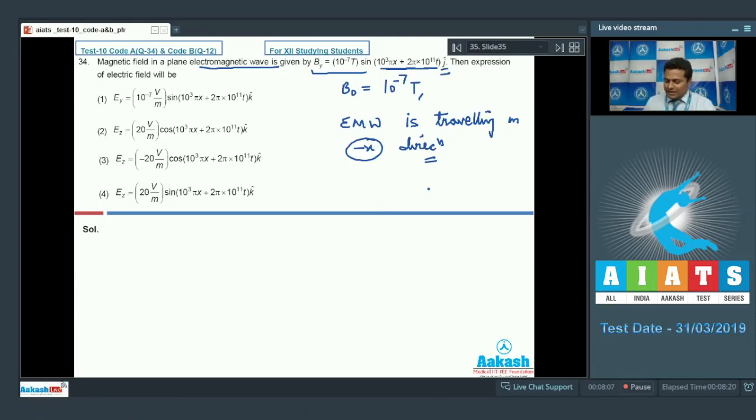So we know very well the direction of traveling wave is given by E cap cross B cap. Now minus i cap equals E cap cross B cap, from which we have to obtain the direction of electric vector. Suppose it is E cap multiplied by B cap.